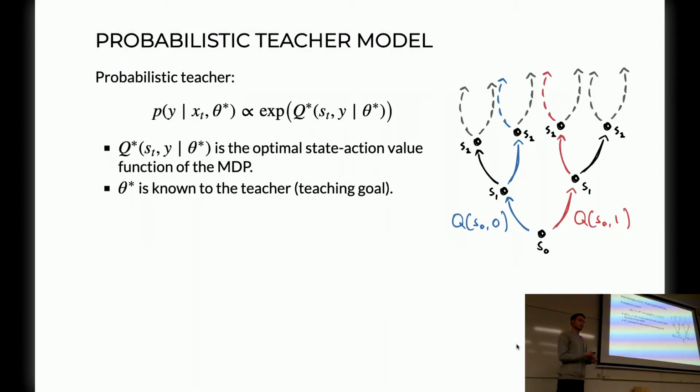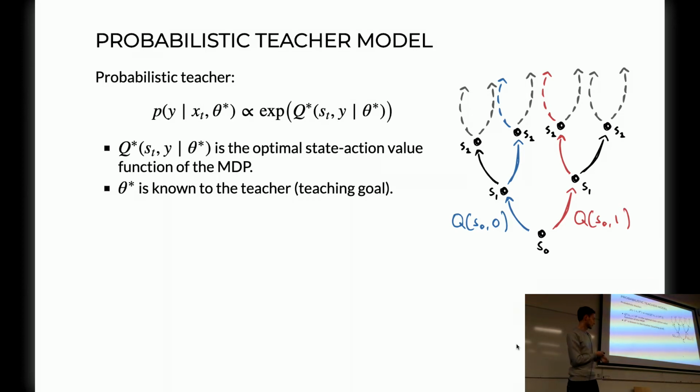Right. So then, towards using this as a probabilistic model, we formulated the teaching model as probabilistic by taking that the teacher's answer will be proportional to the optimal state-action value of the MDP, so the Q value.